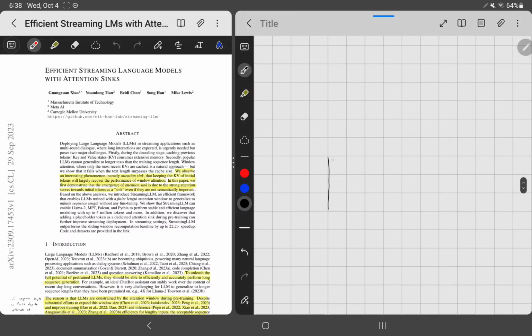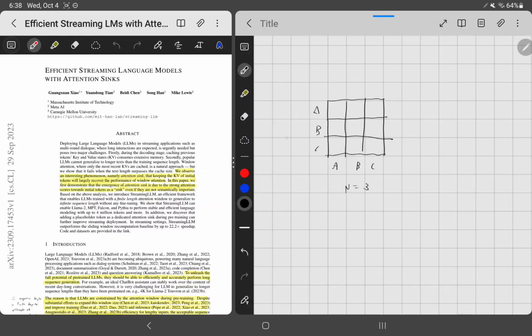Let's say we have these 3 tokens here. Actually, I'll just represent them as A, B, and C. Then we can construct the attention matrix, which is an n by n matrix, where n is equal to 3.